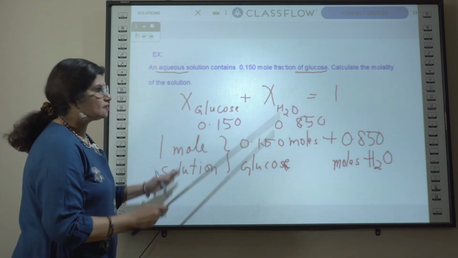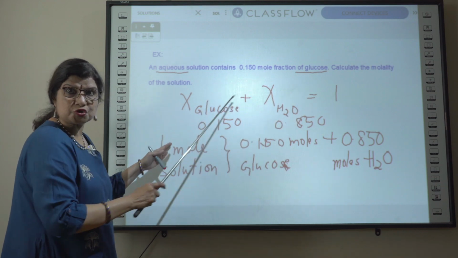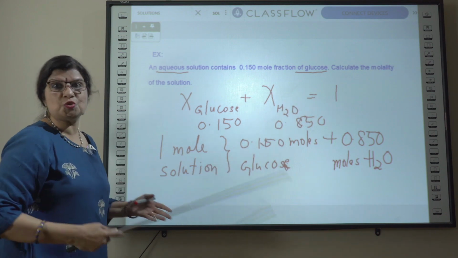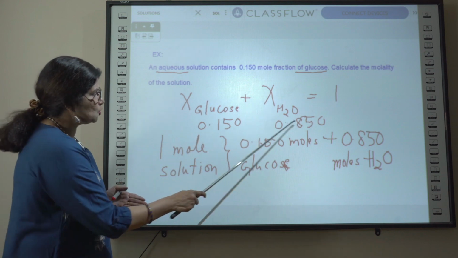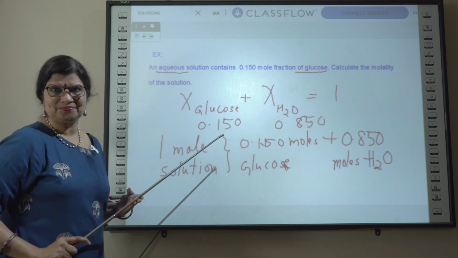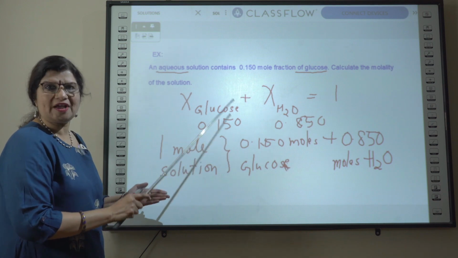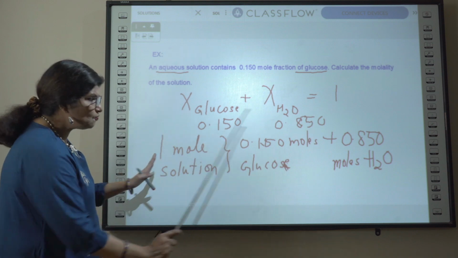When the sum of the mole fractions of the two components is 1, it implies that 1 mole of the solution contains 0.15 moles of glucose and 0.850 moles of water. So you have the number of moles of glucose, 0.150, and the number of moles of water. So the number of moles are ready.